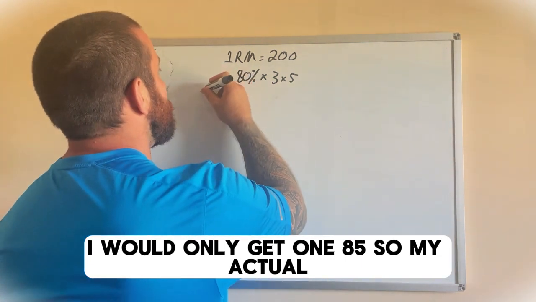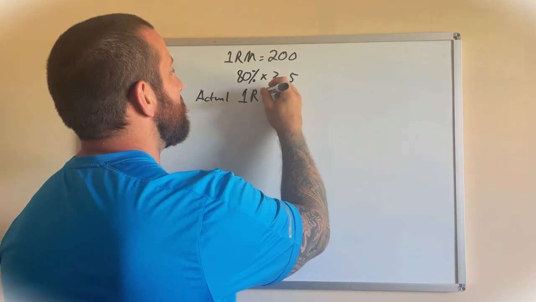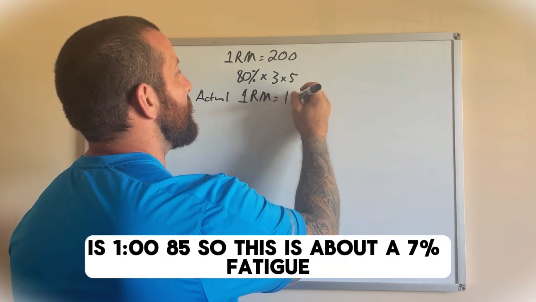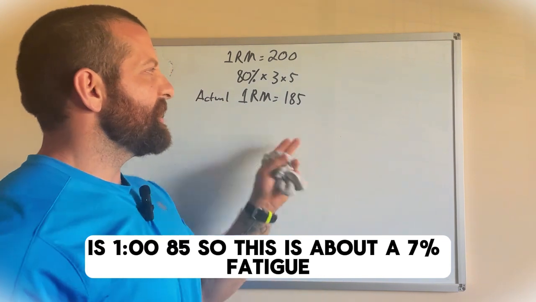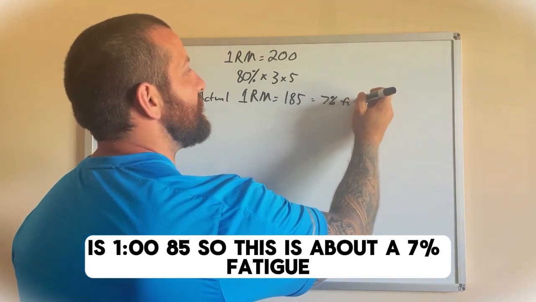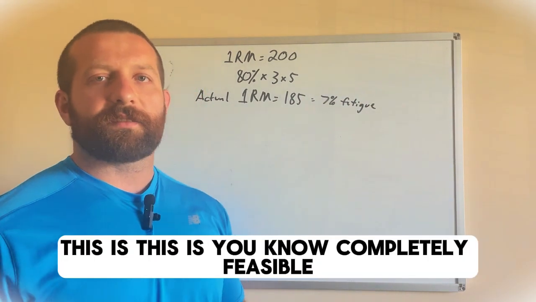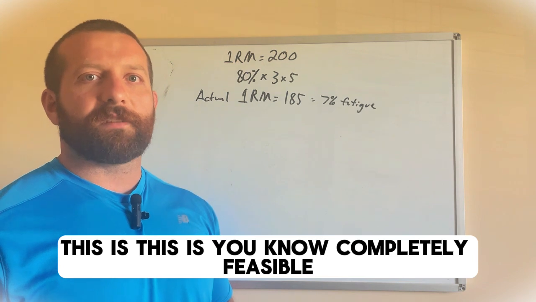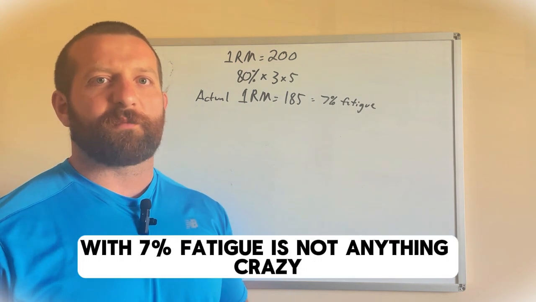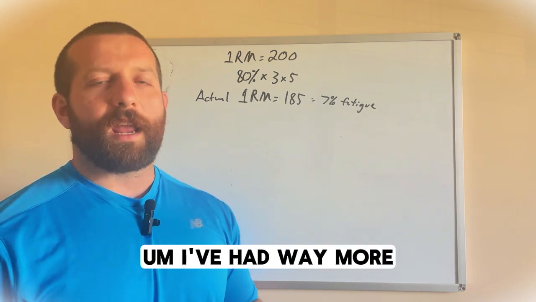So my actual 1 RM is 185. So this is about a 7% fatigue, which is not crazy. This is, you know, completely feasible. This happens all the time. A 7% fatigue is not anything crazy. I've had way more.